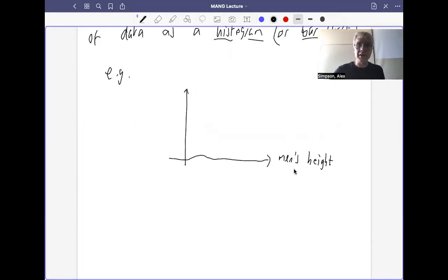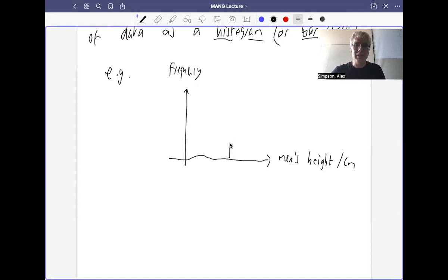So this is in centimeters, and here we're going to have the frequency, so the number of people that gave a particular answer. And I don't know what the average men's height is. Maybe it's around 1.75 m or something. I've got no idea.